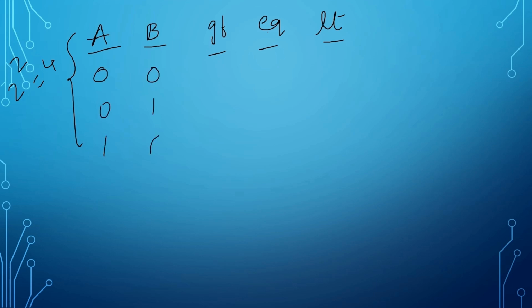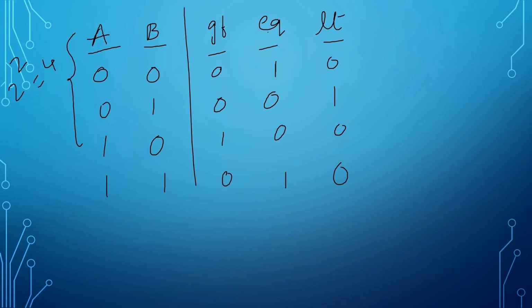So A, B: 00, 01, 10, 11. For A is 0, B is 0, EQ becomes 1, remaining two become 0. For A 0, B 1, LT becomes 1, remaining two become 0. For A 1, B 0, GT becomes 1 and remaining two are 0. For A 1 and also B 1, EQ becomes 1 and remaining two are 0. So these are the outputs: GT, EQ, LT, right? Now we need to write the equations for GT, EQ and LT.